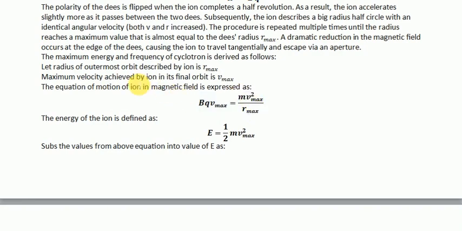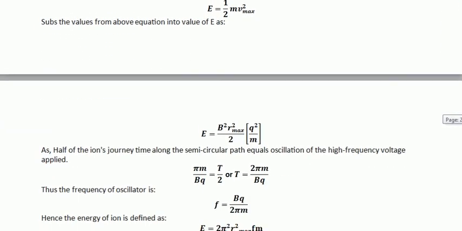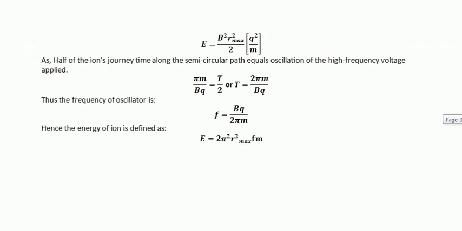Now let's calculate the maximum energy that the particle can have when it's ready to exit. The maximum energy is given by E equals half m V max squared. Using the relation from the equation of motion in the magnetic field, we can express the energy in terms of the magnetic field B, the radius R, the charge q, and the mass of the particle m.